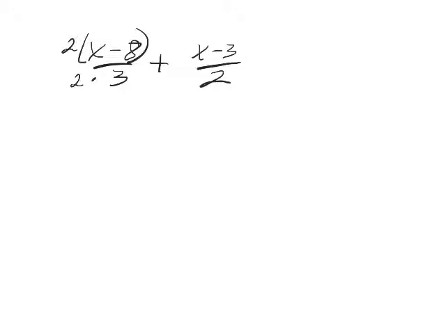So if we had the x minus 8 over 3 plus x minus 3 over 2, you find the common denominator, and then you can combine your numbers together, but you cannot solve it the same way. So finding common denominators, we multiply the top and bottom by 2. We multiply the top and bottom over here by 3, and you go from there. And you can simplify it, but you cannot find x that way.